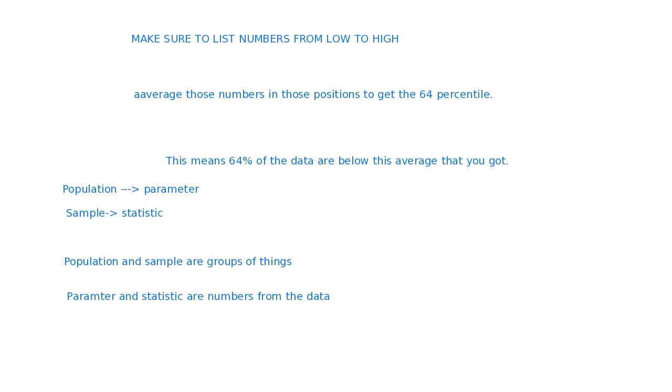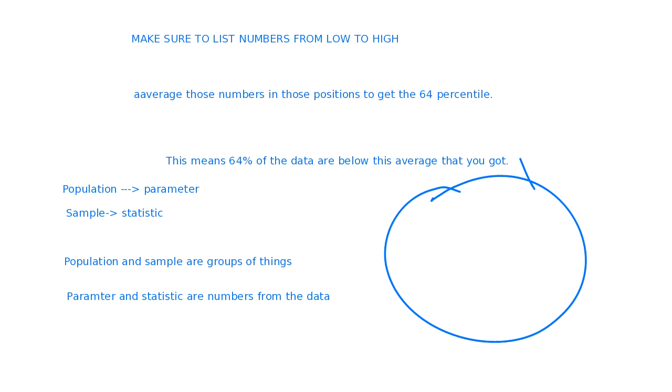Now, so population is the big picture. Here's where you're looking at, and we can't study the whole population. There's no way. Usually there's an infinite number, or I mean, if you take the population of the world, you can't really count that because you're always going to miss something.